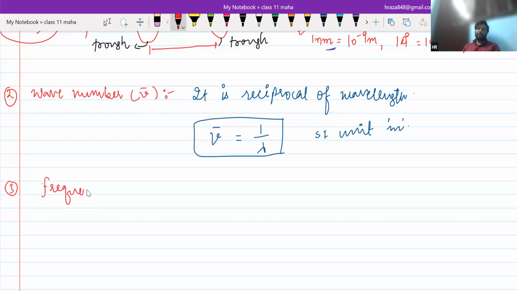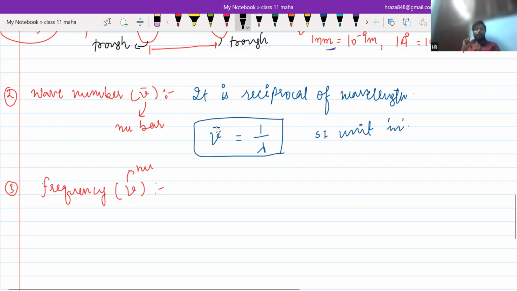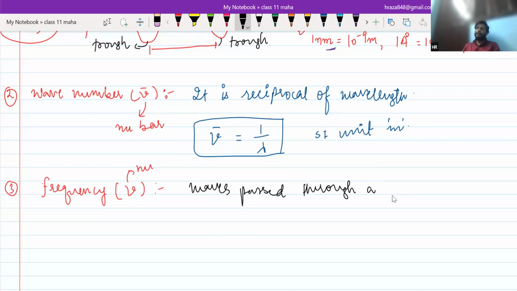frequency. What is frequency? Frequency is denoted by nu. This is nu bar, and this is nu. If you are walking in a circular park, frequency is how much of that circular park you have covered in 1 second. Defined in the form of a wave, it is the number of waves passing through a given point in 1 second.